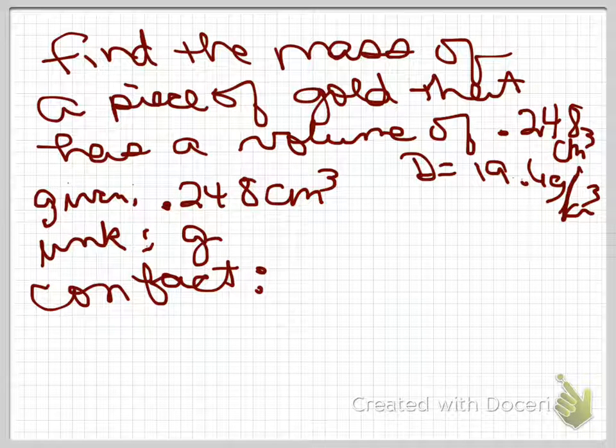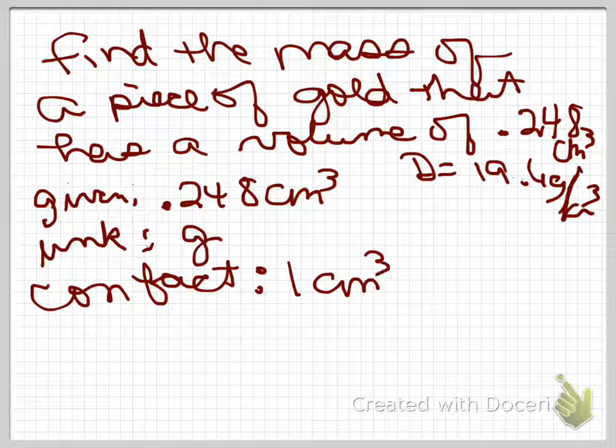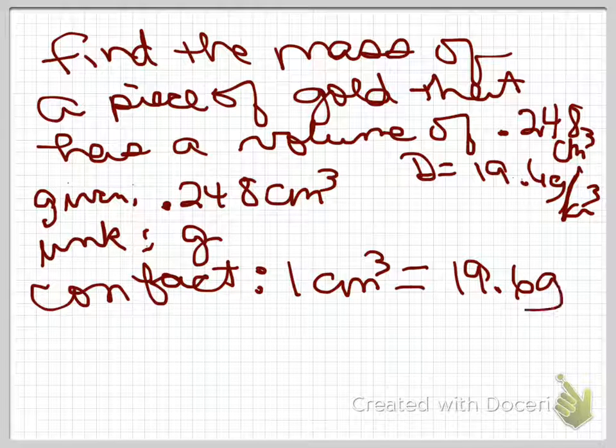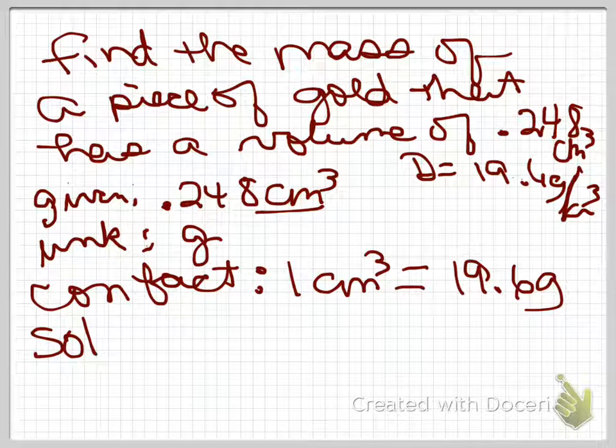If I have two numbers and one of them has that slash bar, automatically it's a conversion factor, because that's telling me that for every 1 cubic centimeter, my mass is 19.6 grams. All right, so we're ready to solve, because I have cubic centimeter, gram, my given units and my unknown units, so I'm good to go.